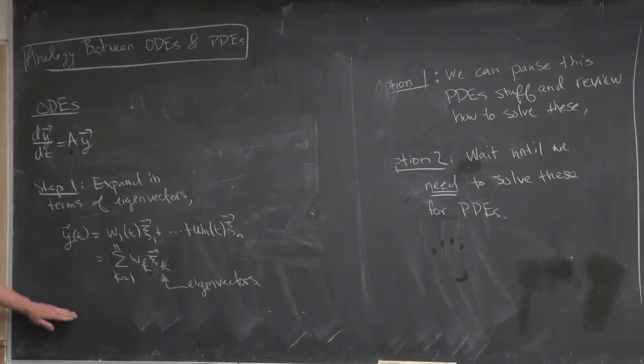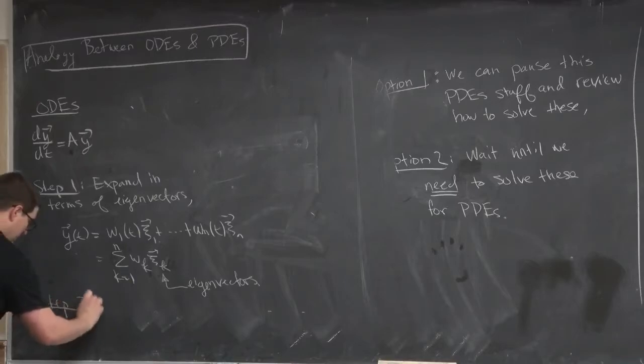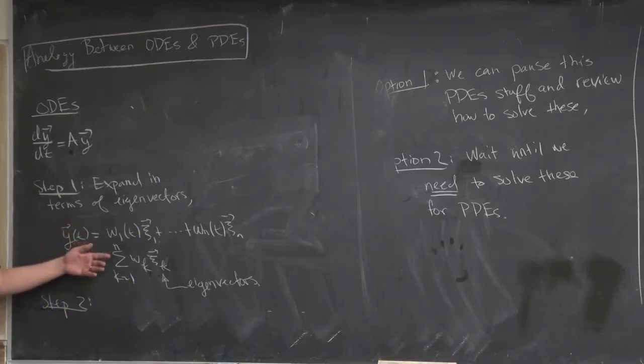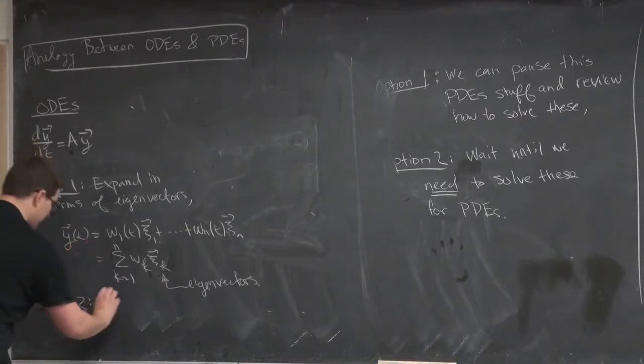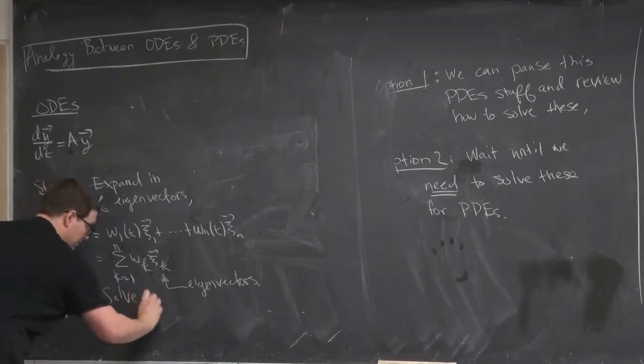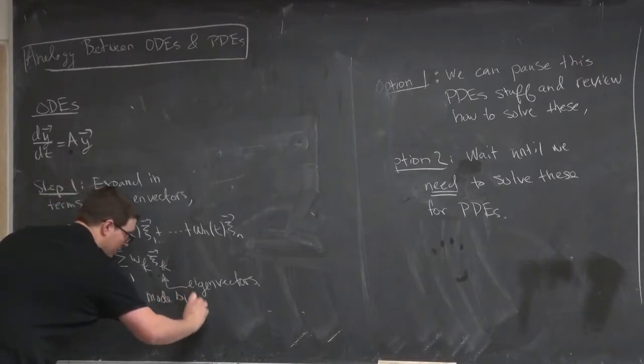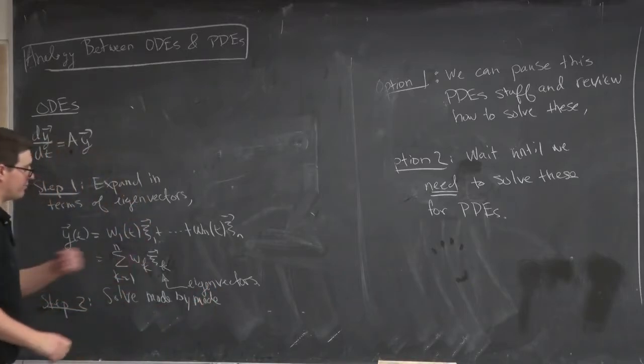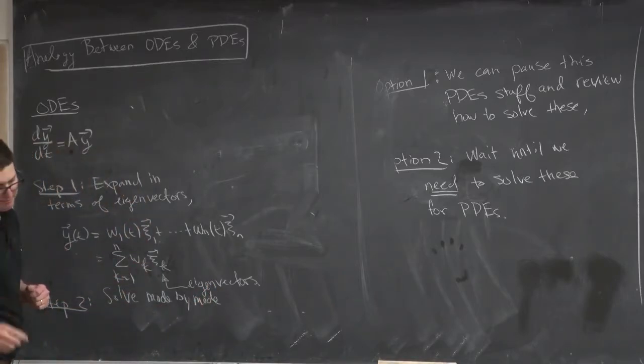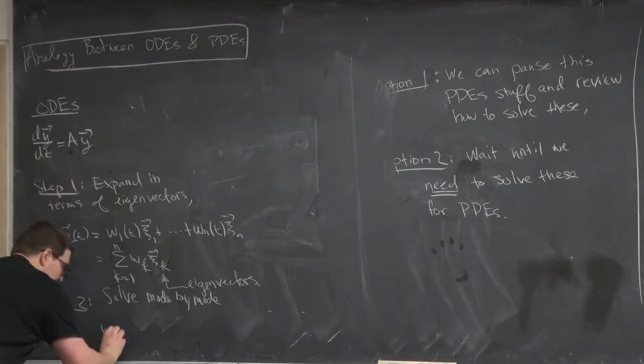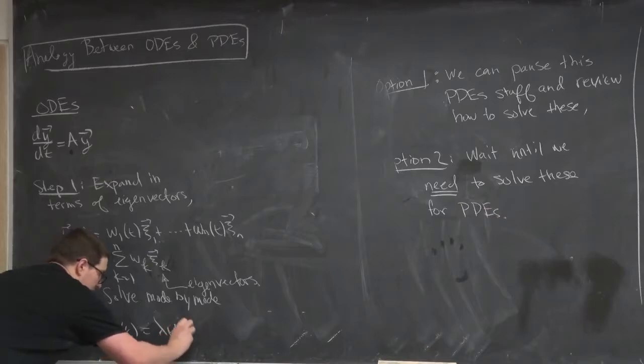Step 2, can you guys see down here? Step 2 was we decoupled the system of differential equations. Okay, so we solve mode by mode, well, eigenvector by eigenvector. And we got these differential equations: wk prime of t equals lambda k wk of t.